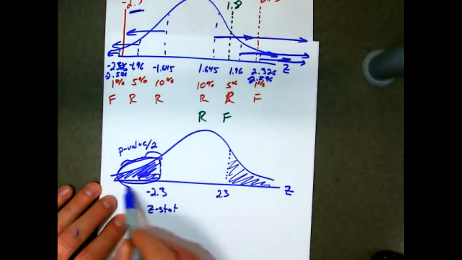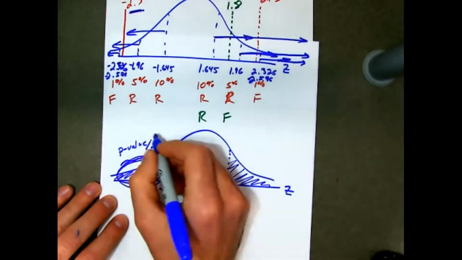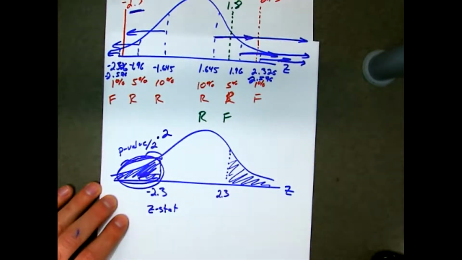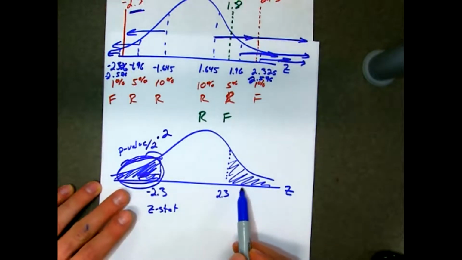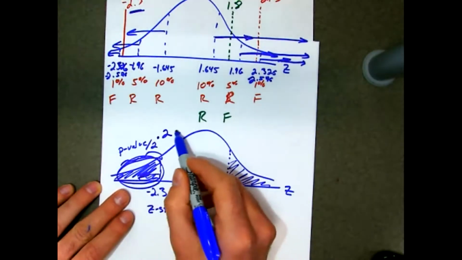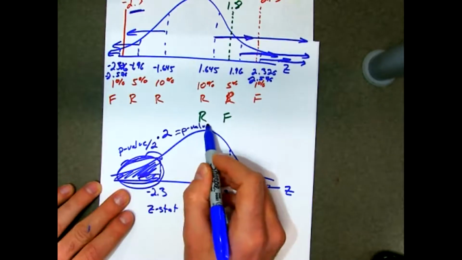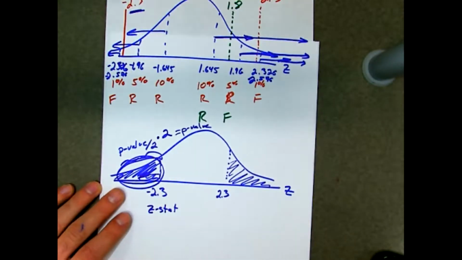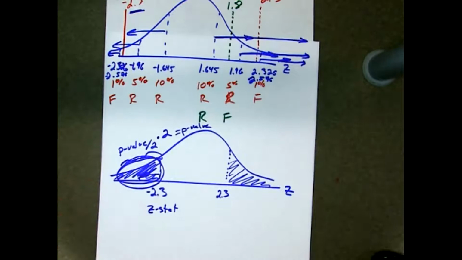Once I find the area in one of my tails, I then have to multiply it by 2, because I have two tails of the same size, to get my final p-value. That was the added step for a two-tailed test: once I find the area more extreme than my test statistic, I multiply it by 2. For a one-tailed test, once I found the area in the tail, I was done. Okay.